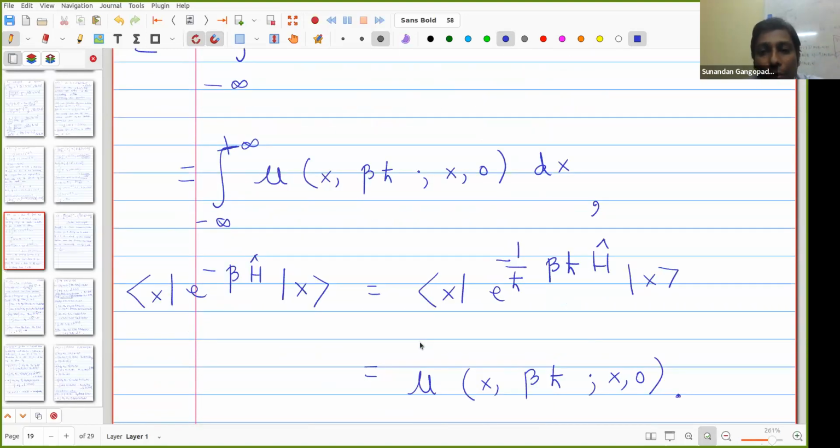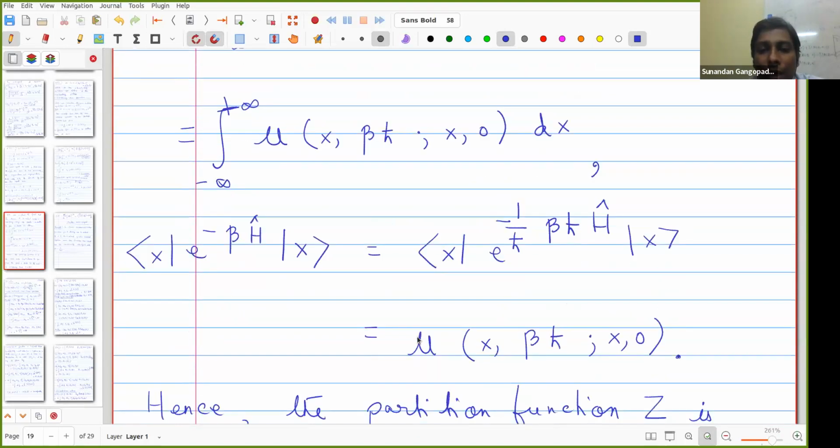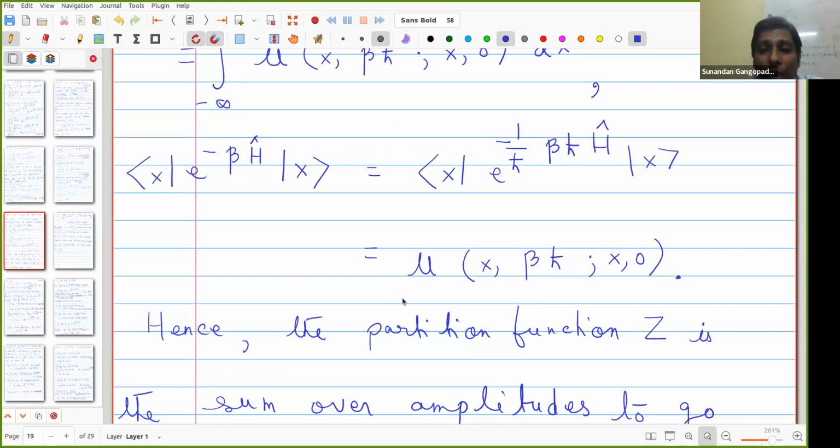Now, your question was where is this temperature identification coming in? You see that we are actually identifying the time with beta. Time is not getting identified as proportional to the temperature, but rather it is proportional to the inverse of temperature, because it is beta.